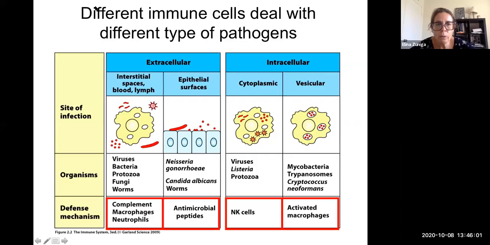So what I want to end with here is the concept that different immune cells deal with different types of pathogens.